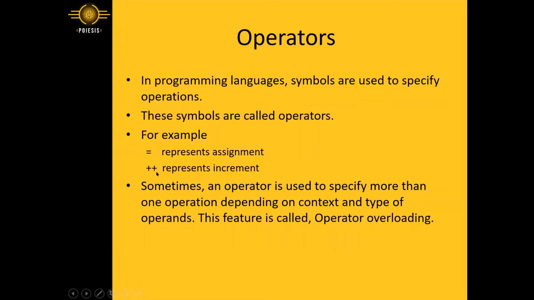These symbols represent the increment operation, so we call it the increment operator. Sometimes an operator is used to specify more than one operation depending on context and type of operands. This feature is called operator overloading.